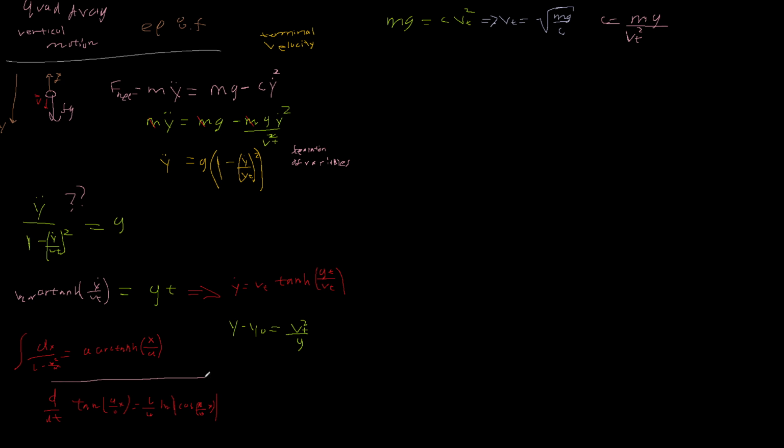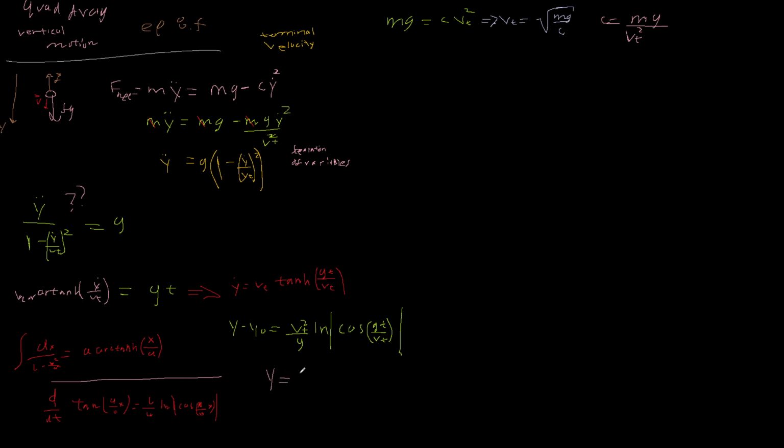Should be standard from your calculus classes, and from after this, we can do vt squared natural log of cosh of gt over terminal velocity, and then obviously we can solve for y.